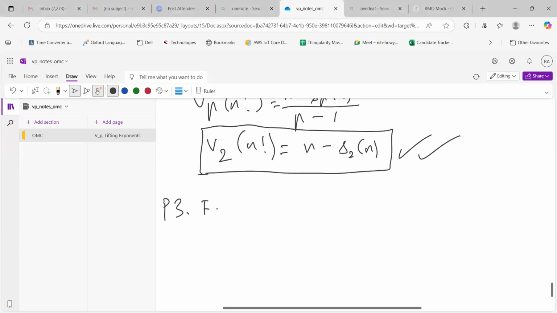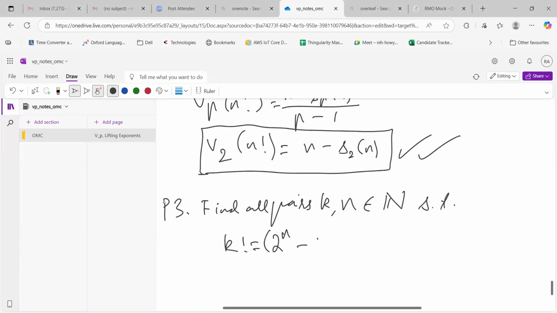P3. Find all pairs (k, n) of positive integers such that k factorial is equal to (2 power n minus 1) times (2 power n minus 2) and so on till (2 power n minus 2 power n minus 1). Okay, I'll give you some time to think.